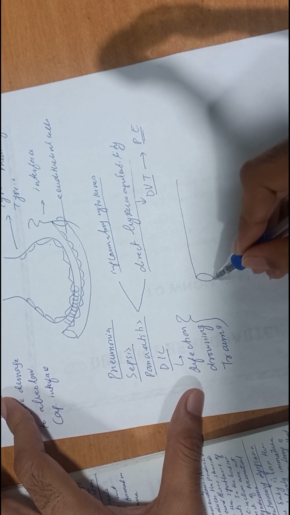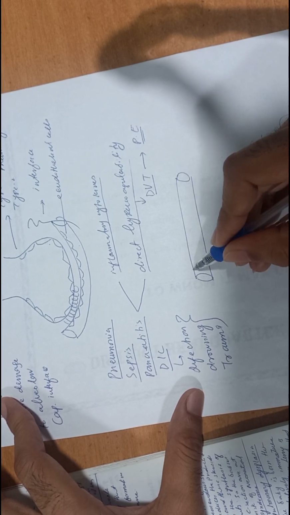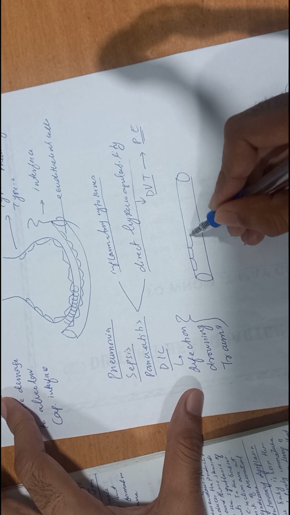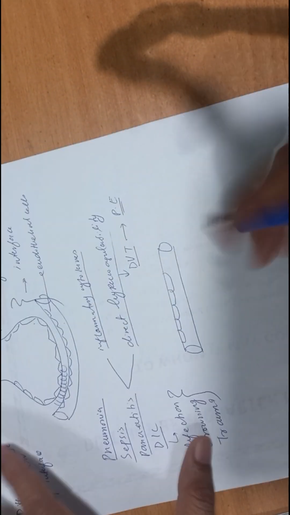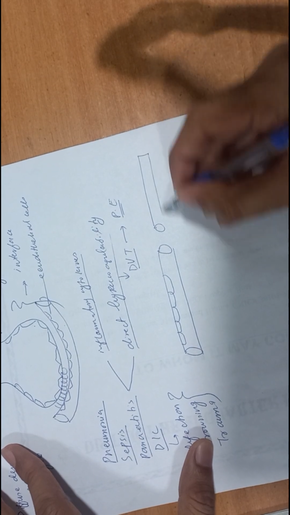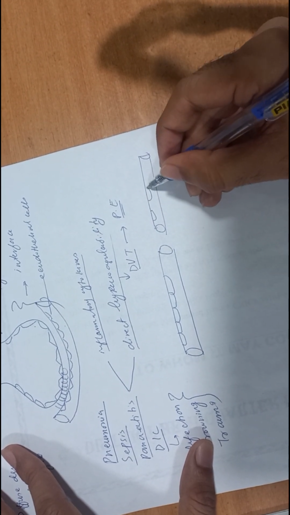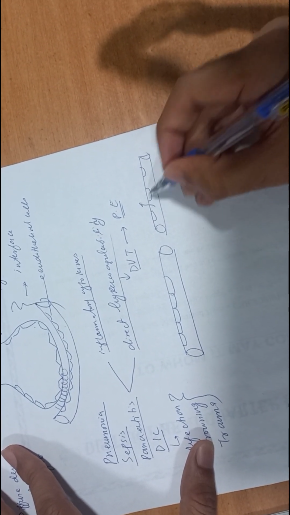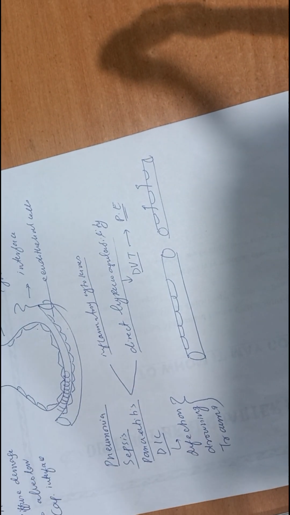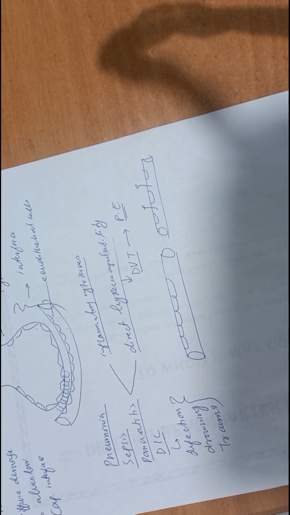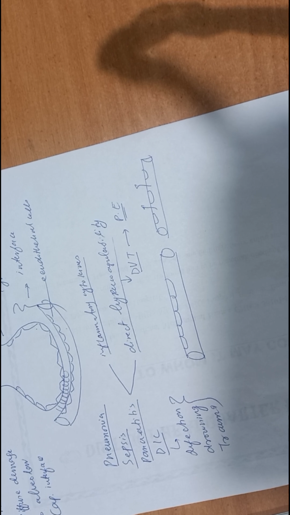Let me draw the blood vessel for you. If this is the blood vessel and these are the endothelial cells, after the damage these endothelial cells will become like this. There will be increased spaces between these endothelial cells. So we say that the permeability has been increased.